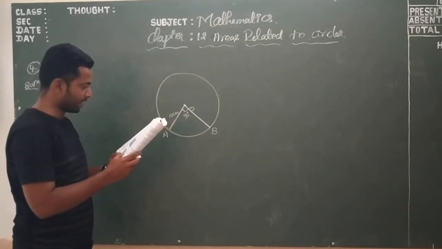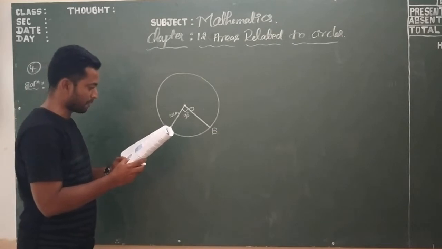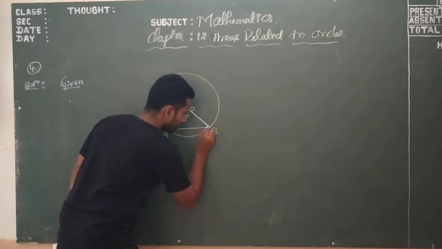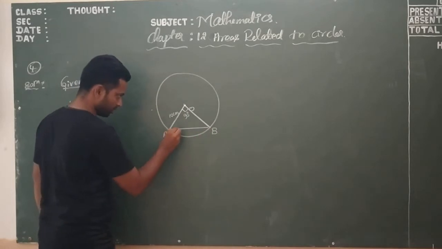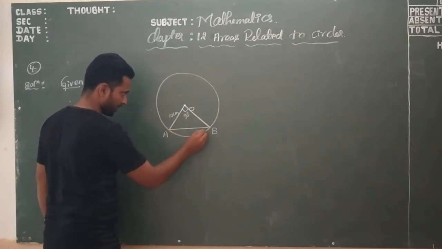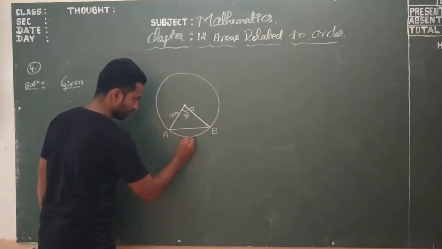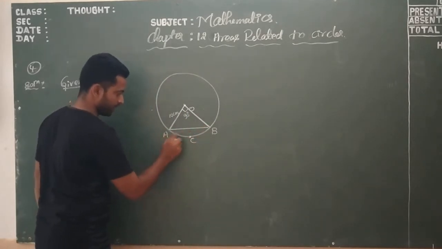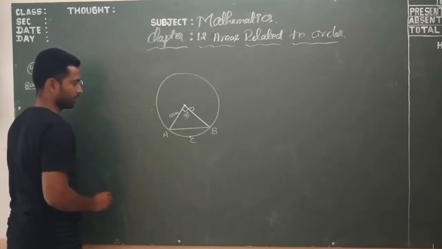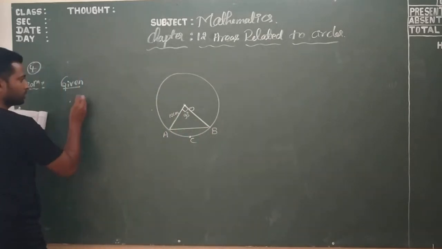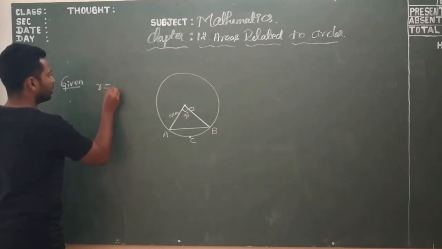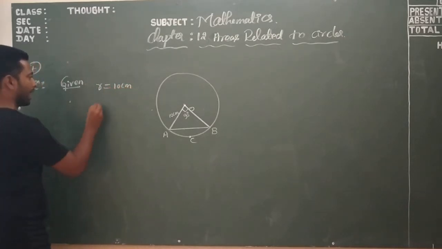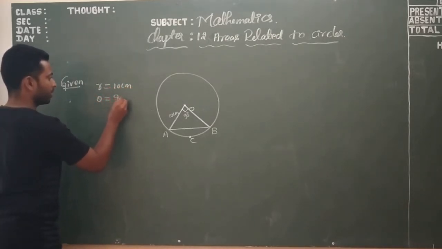So find the area of the corresponding minor segment. A segment is formed with a chord and the corresponding arc. This is a minor segment, so ACB is a minor segment. Given is the radius equal to 10 centimeter, and the angle theta equals 90 degree.